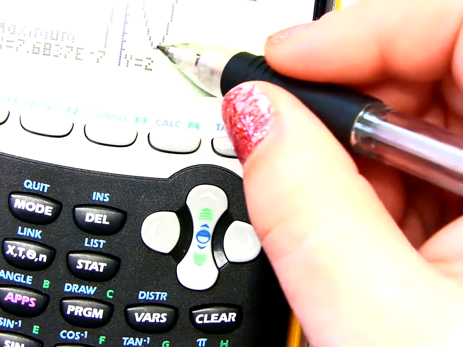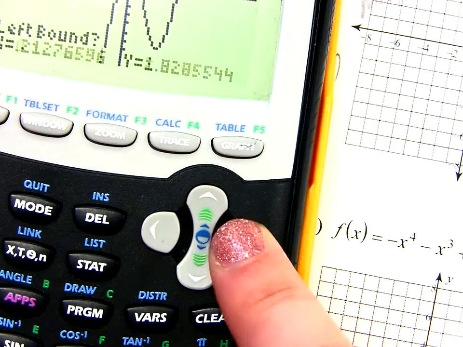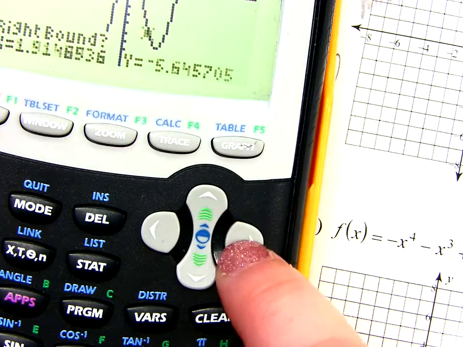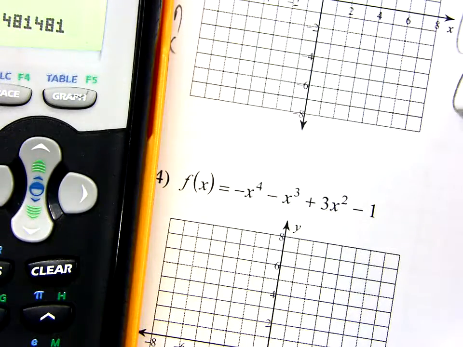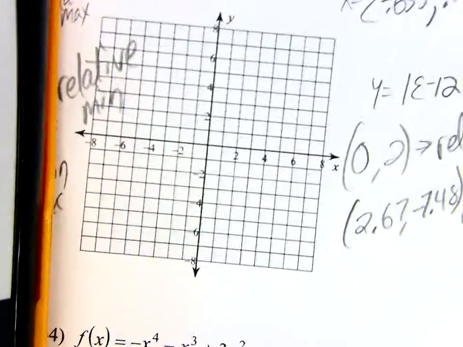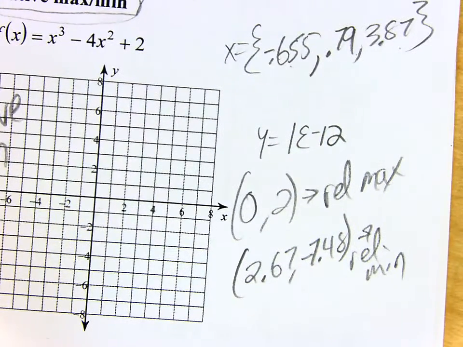And then I just need to find that relative min, so I'm going to choose choice 3. Go to the left, go to the right. 2.67, comma, negative 7.48. That was a relative min. Whoa. Sorry. There they are. I didn't get that number. Or maybe this.